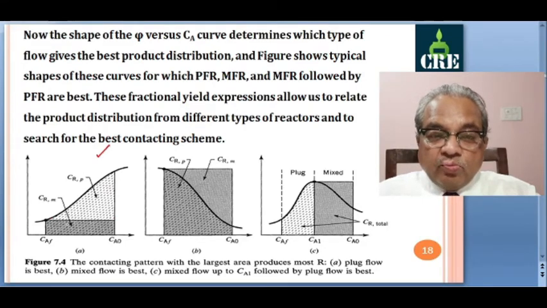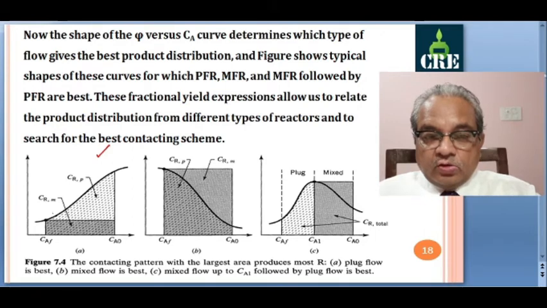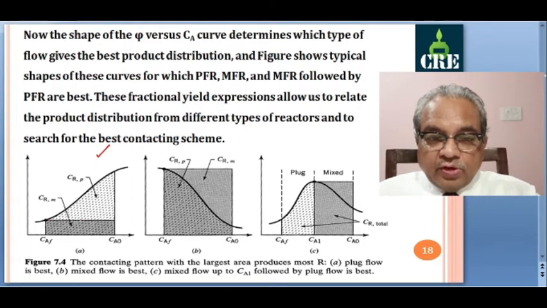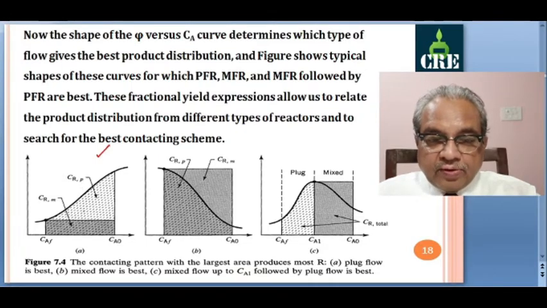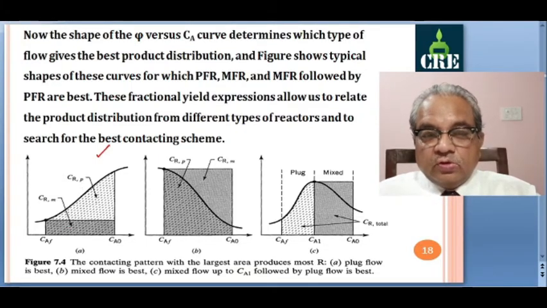What we want is to maximize this. So if you consider CA final here, this will be the CR in the mixed flow, CR in the plug flow, this complete area, this plus this. So this is more, so you will prefer plug flow.